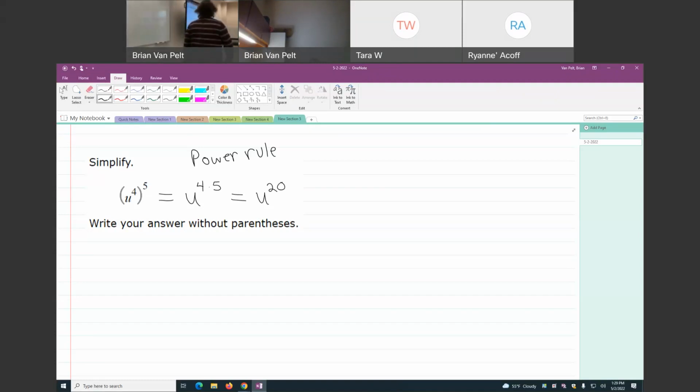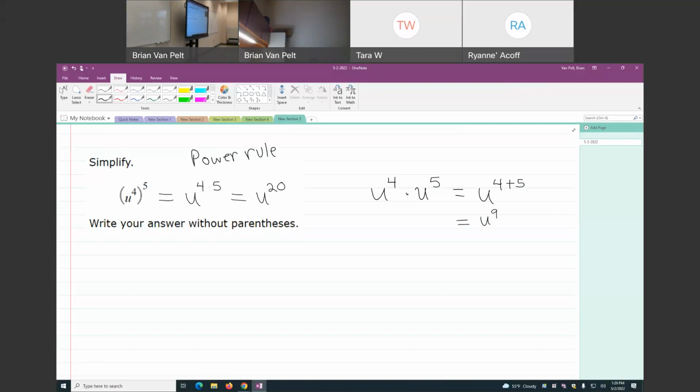Compare with the other one. What do you do with those exponents now? You see the difference? They're different. That's right.